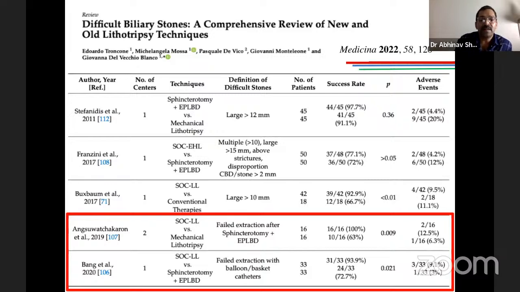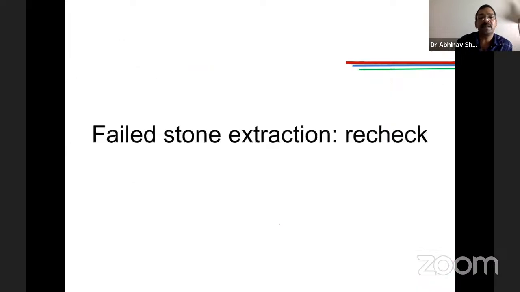So after failed conventional method, cholangioscopic technique versus mechanical lithotripsy, you can see in both of these studies, the cholangioscopic technique has a better success rate than mechanical lithotripsy. 100% versus 63%, 93% versus 72%. So after failed conventional method, the preference would be to go ahead with the cholangioscopic technique available, especially after failed mechanical lithotripsy. So cholangioscopic techniques are very good.